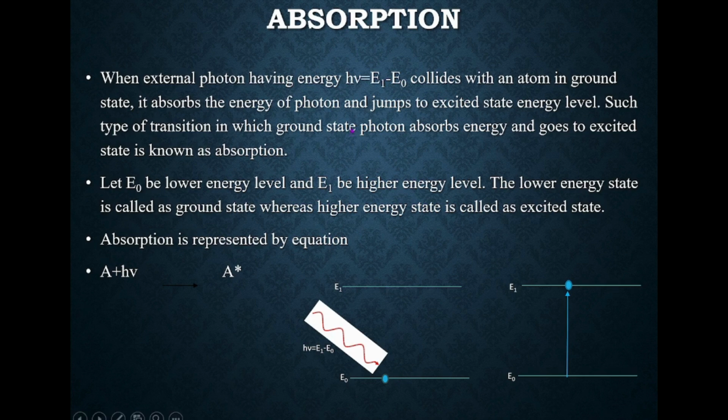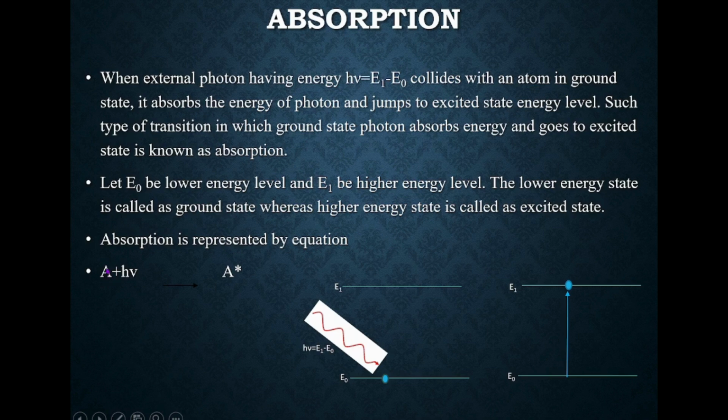So again, the definition: when an external photon having energy h nu equal to E1 minus E0 collides with an atom in the ground state, it absorbs the energy of the photon and jumps to the excited state energy level. Such a type of transition, in which the ground state atom absorbs energy and goes to the excited state, is known as absorption.